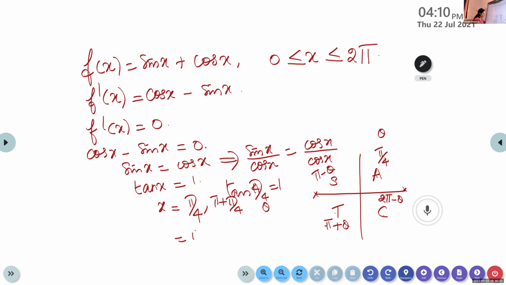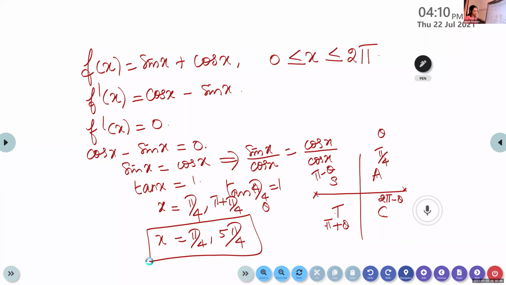So x will be pi by 4 and 5 pi by 4, because in one rotation only we consider from 0 to 2 pi. So x takes the values pi by 4 and 5 pi by 4. For these values, we get tan x is 1.